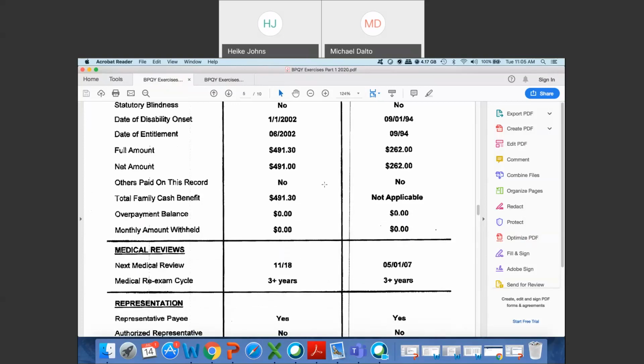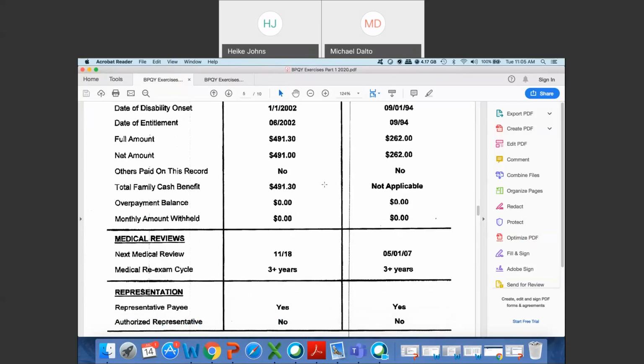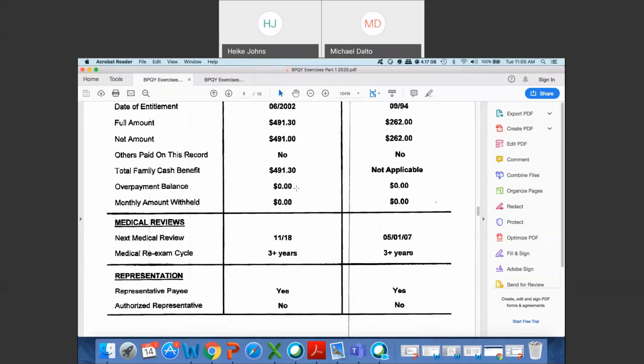And that's what this person gets. Total family cash benefit for the SSDI is $491, the same as the benefit the person's getting. This tells you this person is the only one getting benefit on their record.